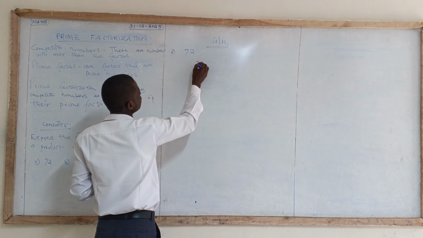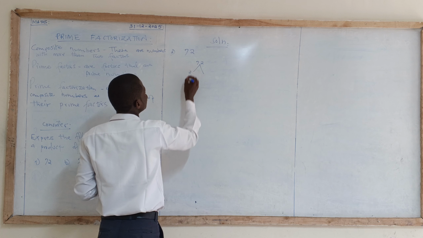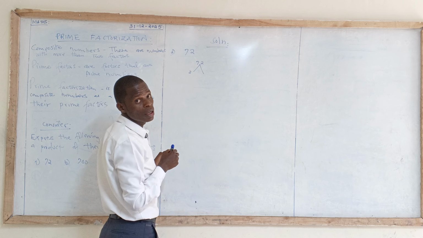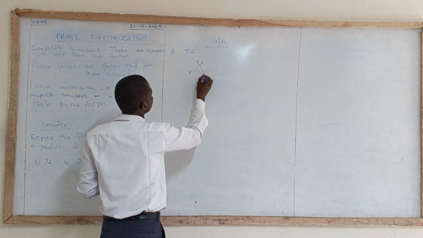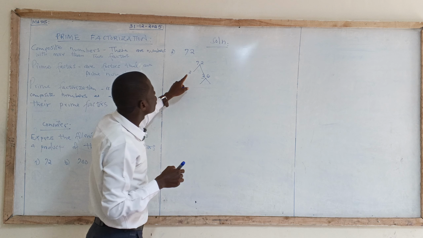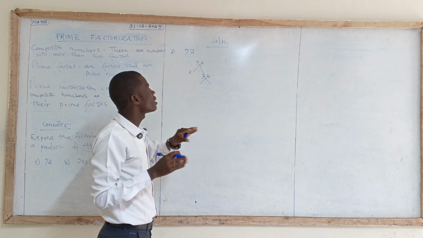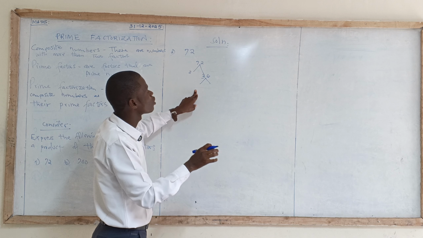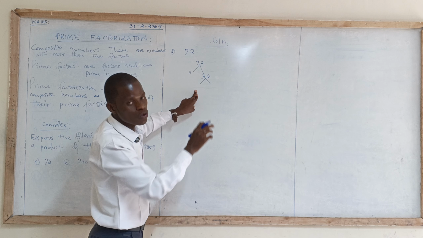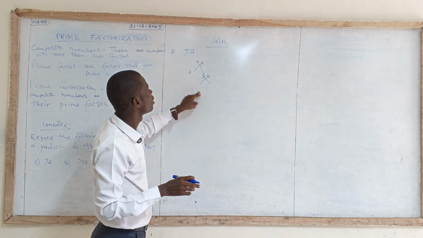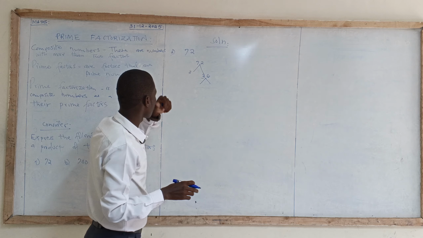So you start: 2 divides 72 and gives 36. You continue dividing with 2 until you come up with a number that 2 cannot divide. You exhaust all the factors of 2 there.